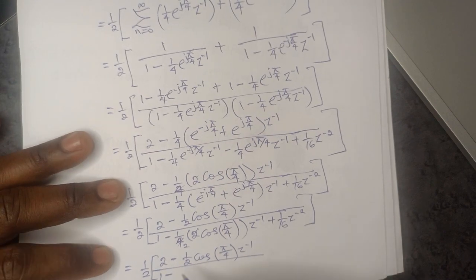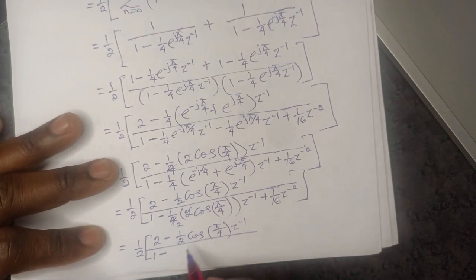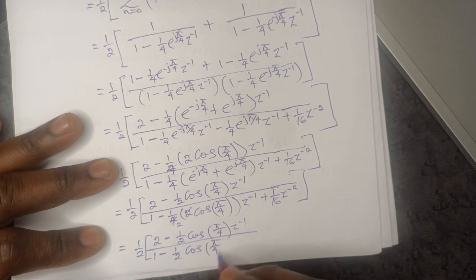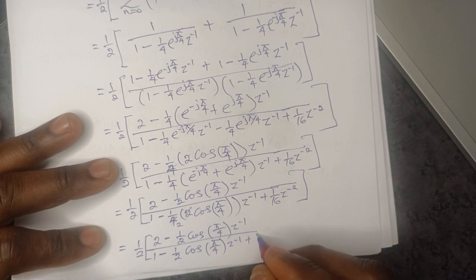So this is going to be 1 all over 2, right? 1 all over 2 cos pi all over 4 is 0 raised to the power minus 1 plus 1 over 16, right?